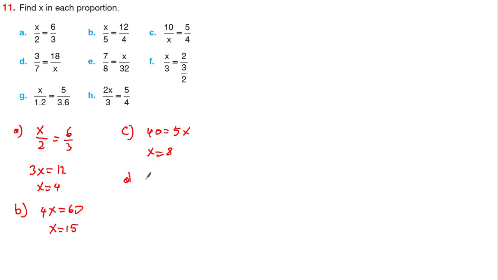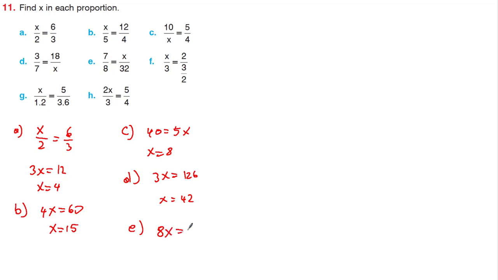Under D, cross multiply, 3x is 7 times 18. 7 times 18 is 126. Divide by 3, that's 42. Under E, now let's cross multiply, but let's not perform the operation.